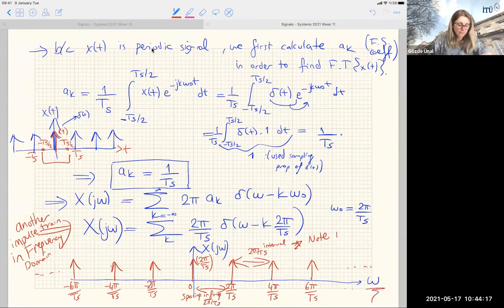Note the inverse relation in the intervals of the delta in the time versus frequency domain.